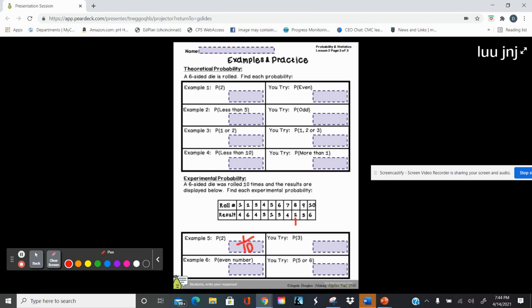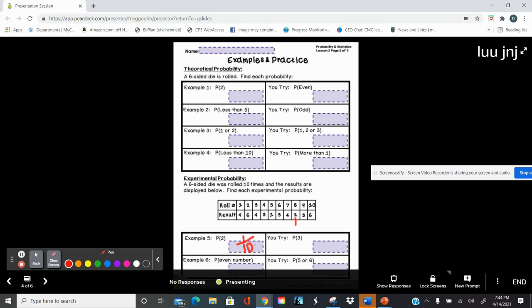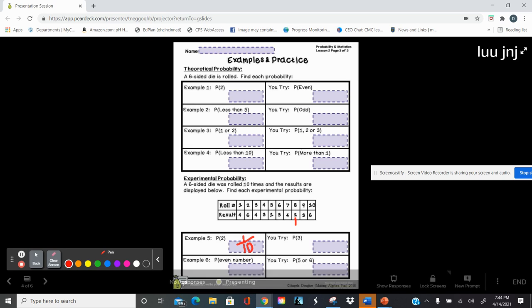Now, if we are talking about the example for the theoretical probability, those numbers were different. But again, why were they different? Think about it. Why were they different? They were different because the theoretical is what the probability should be, and the experimental is what it actually was.